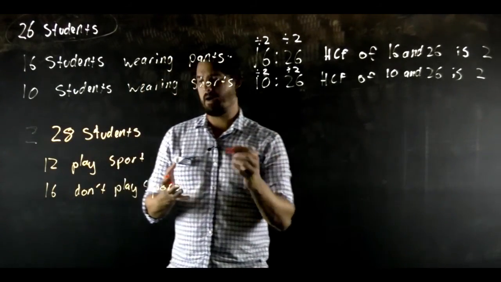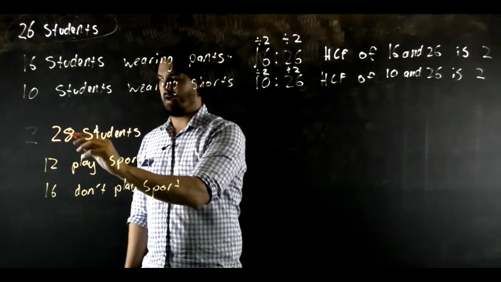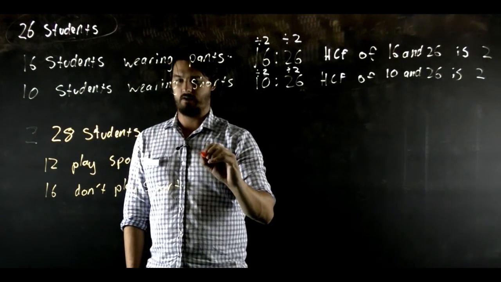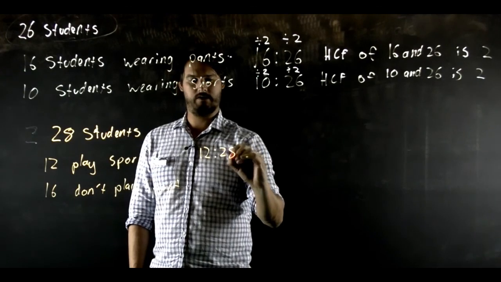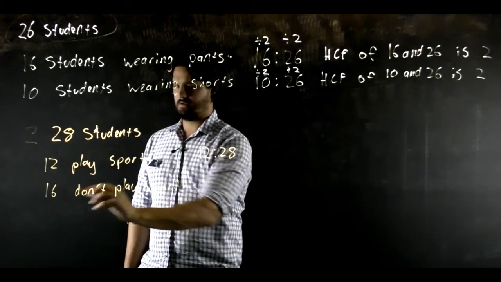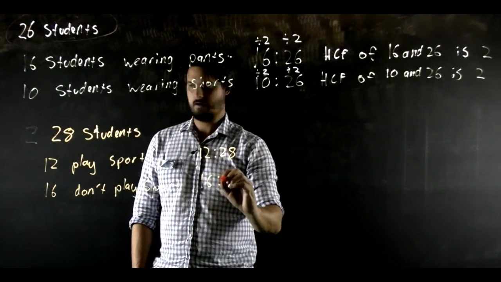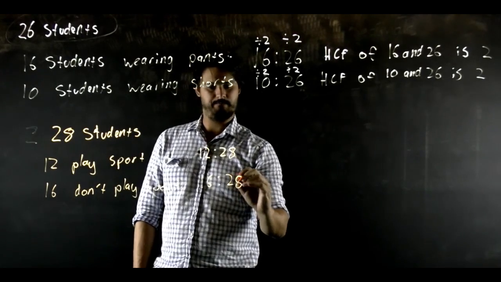We're going to write our ratio with our total numbers here. So that is going to be 12 to 28 and 16 to 28.